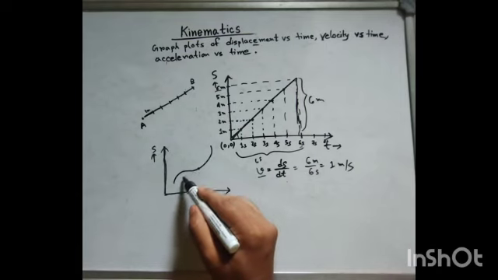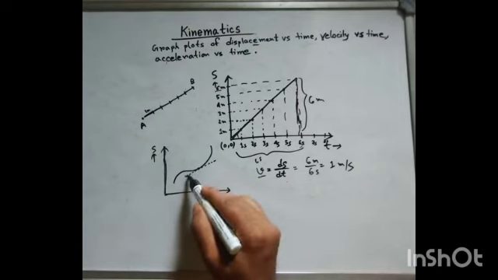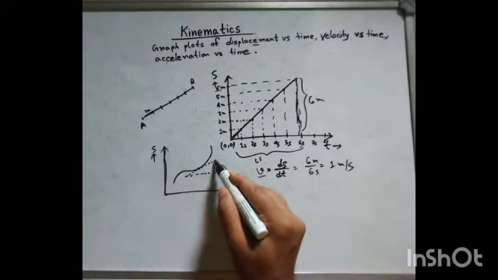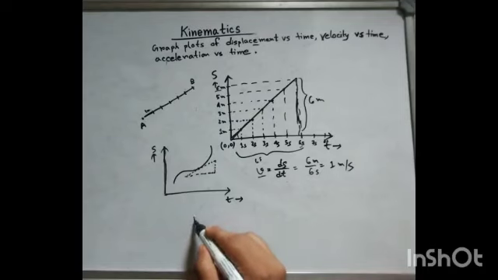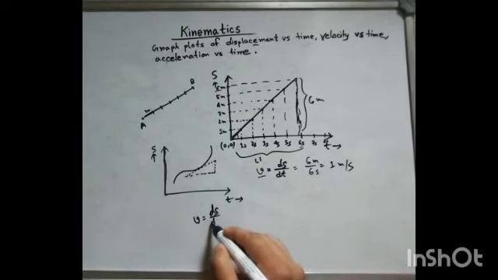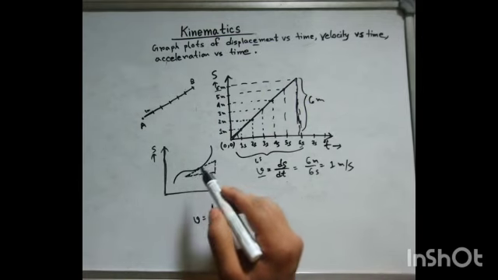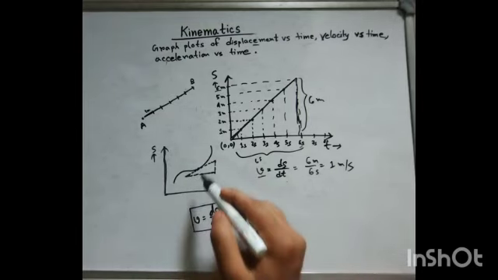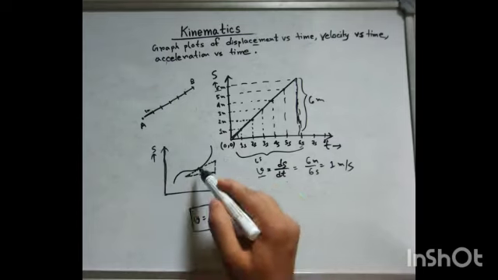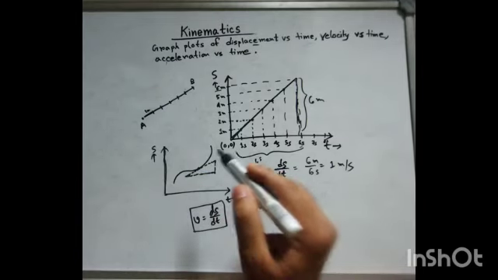Then you have to draw a tangent at this point and find the slope of this tangent. Because you know that v is equal to ds/dt, and ds/dt represents the slope of the tangent, you have to draw the tangent and find the slope. In that way you can get the velocity at that point from the distance versus time curve.